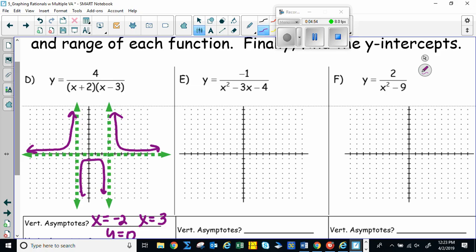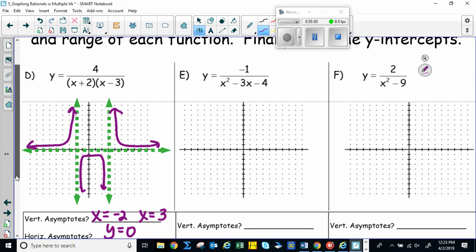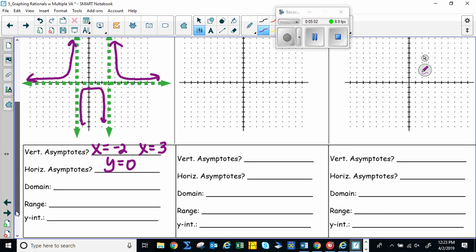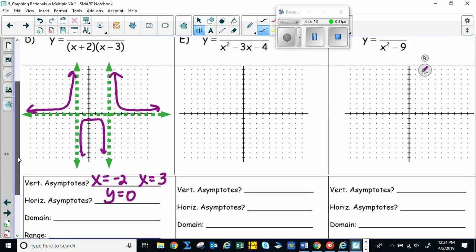You can give me one exact point, and that's going to be down here on the bottom. So the exact point, we're just going to use this to double check what we sketched. We're going to find our y-intercept. So our y-intercept is my value of y when x equals 0.